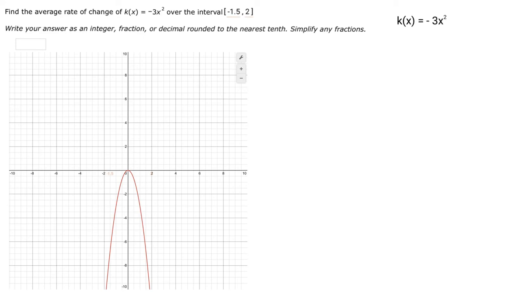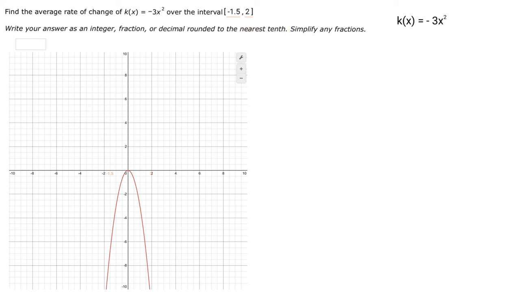If we find -1.5 on the x-axis and move down, down, down, down, down, that puts us right around there. The problem is that's not very precise. I can't tell if that's -6.6 or -6.7. And the problem is asking us to solve to the nearest tenth, so that's not great. And then over here, if you go down from x equals 2 and scroll down, that takes us off of the graph, so our window size isn't even big enough.